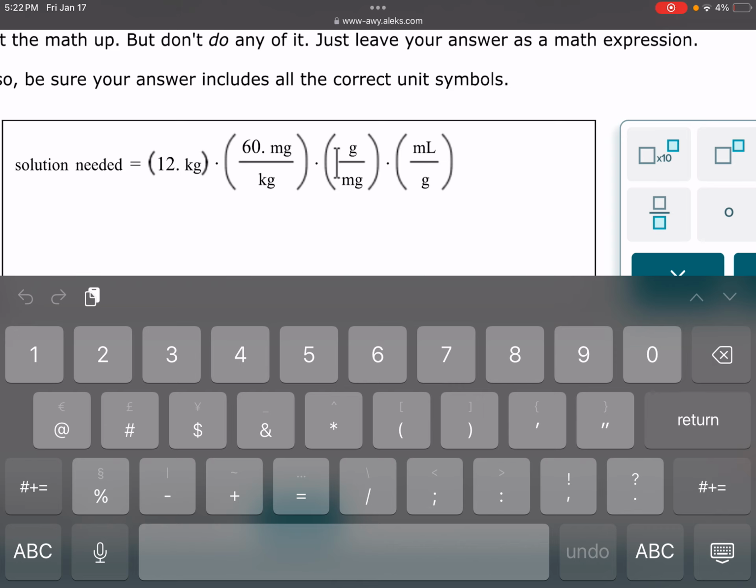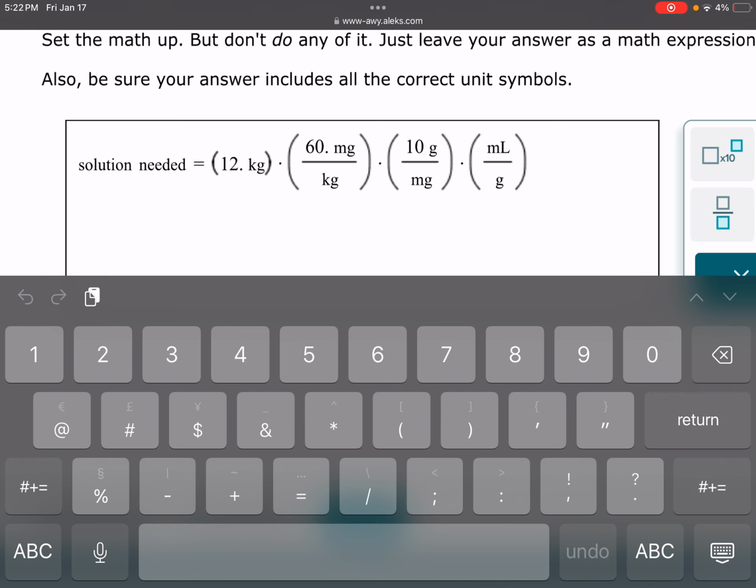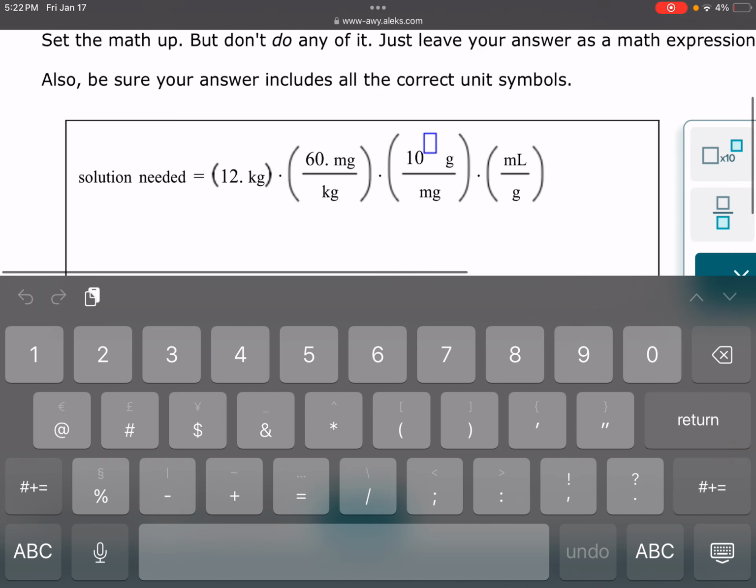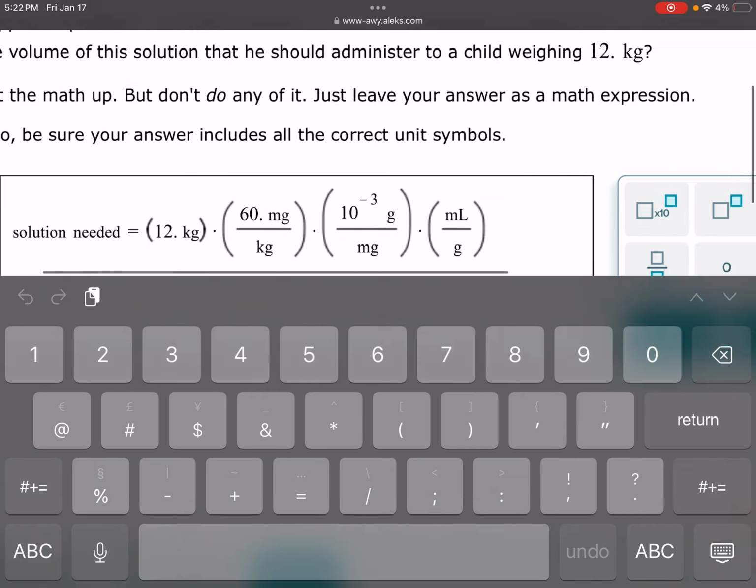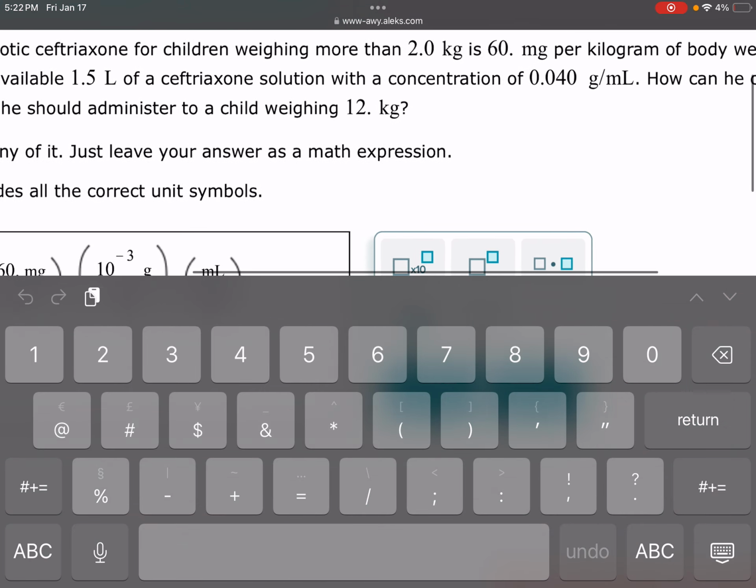Yeah, and then there's 10 to the minus 3 grams per milligram. That's true. And then how many grams per mil? What's the density of this stuff, or the concentration?